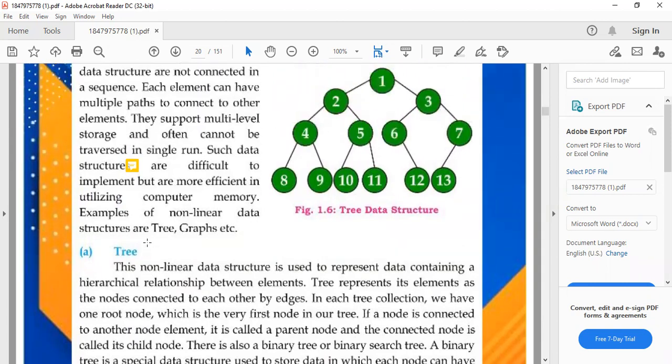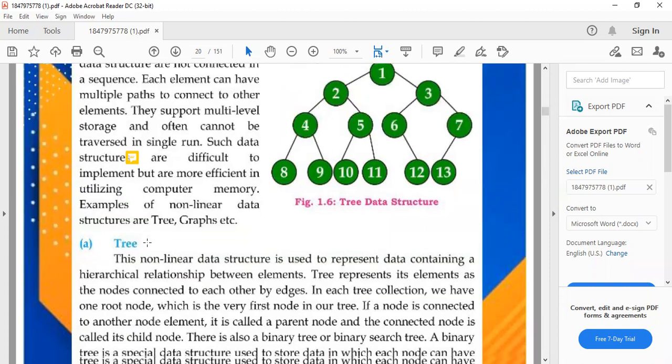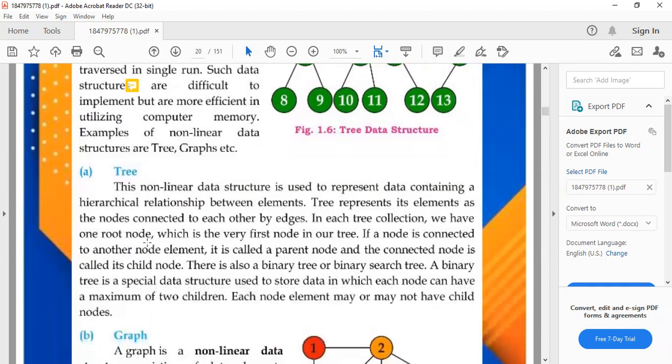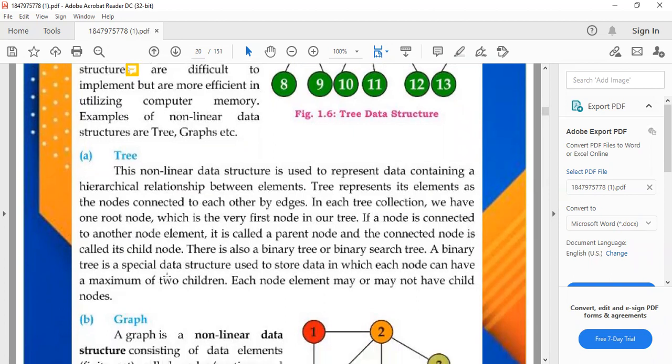So you can see the first node, the first rod which is connecting the two sides, is called the parent node, and the connected node is called its child node, the one where the connection is developed after the parent node.